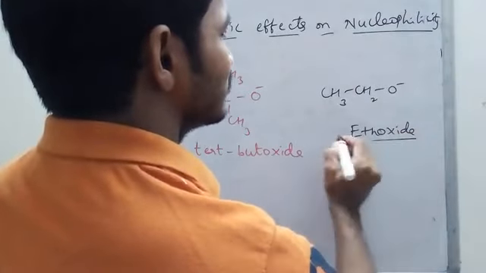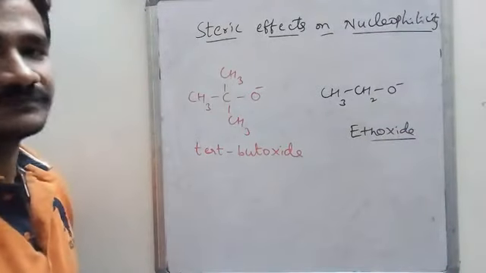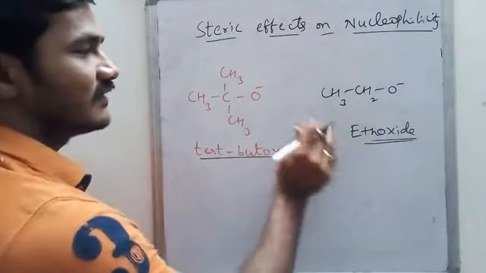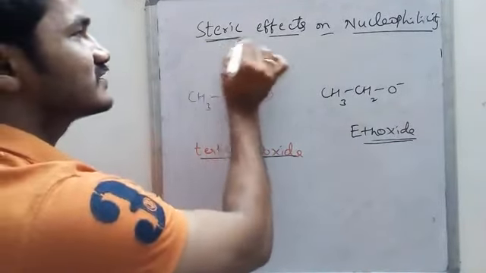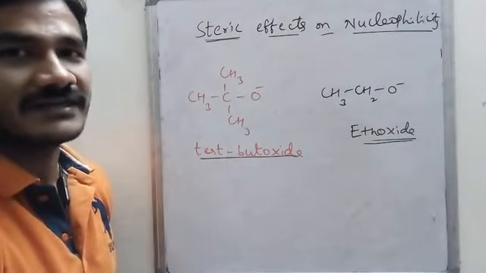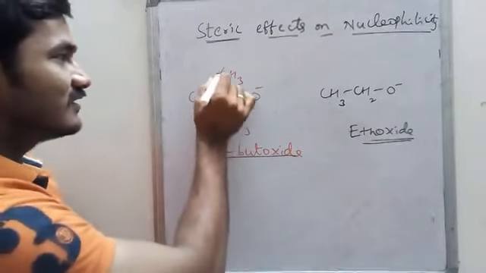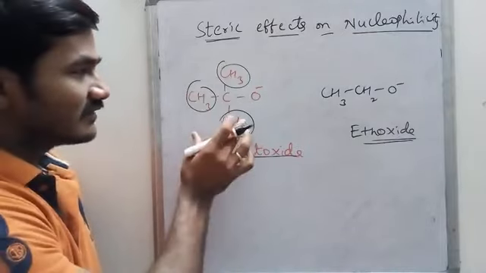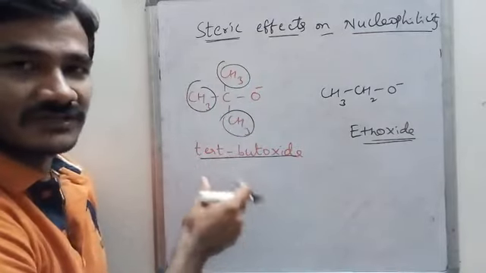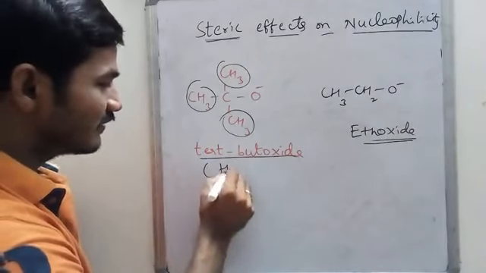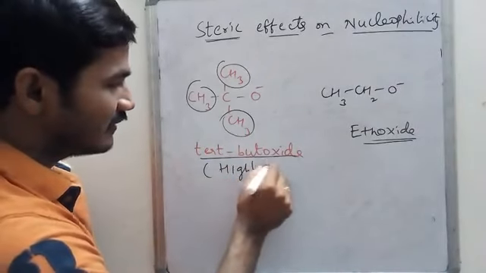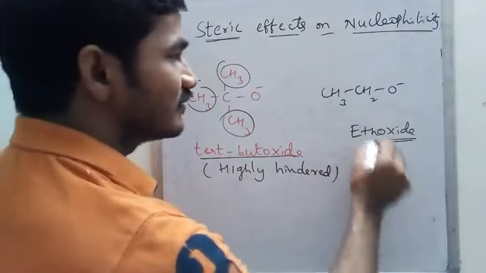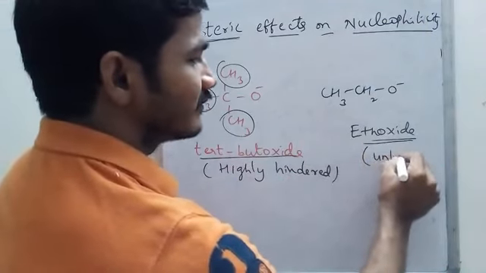Observe these two examples: ethoxide and tertiary butoxide. If you observe these two, where can we see the steric factor? Steric factor means hindrance, crowding. Here we can see three methyl groups are crowded. When three methyl groups are crowded, it is highly hindered. Here, there is no hindrance; it is unhindered.